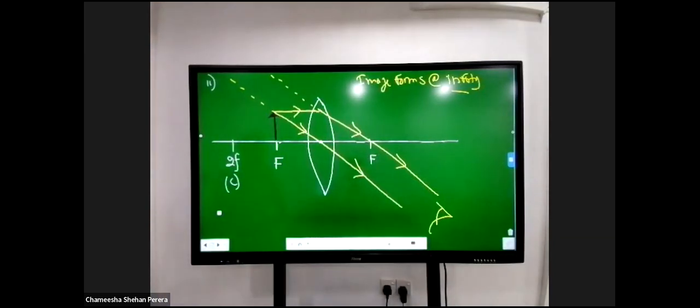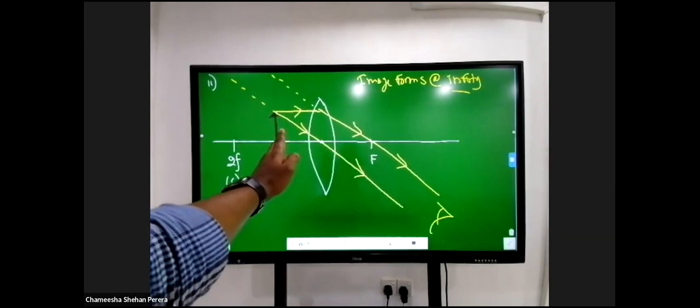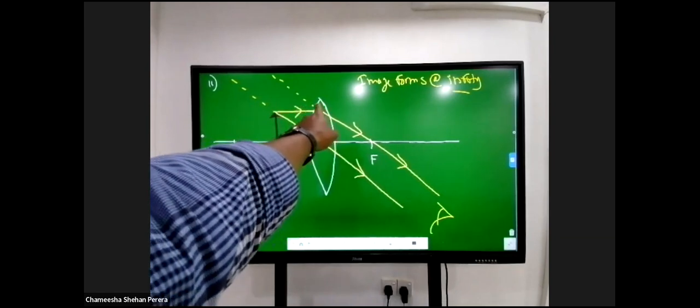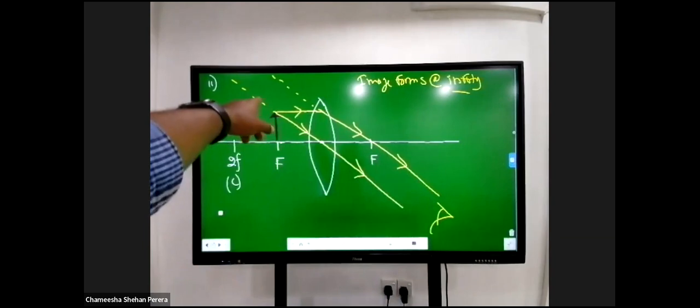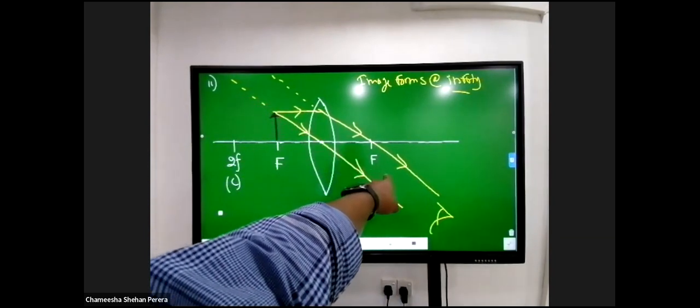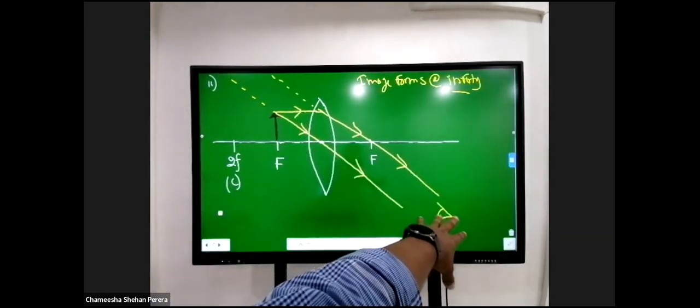So what simply happens when you take the object onto the focal point of the convex lens: one light ray reaches the convex lens parallel to the principal axis, gets refracted, and goes through the focal point on the principal axis. The second light ray directly goes through the optical center with no refraction, and we are looking through the lens at the object from here.